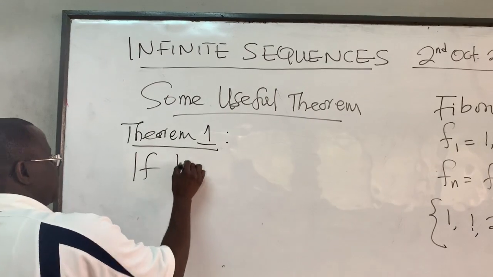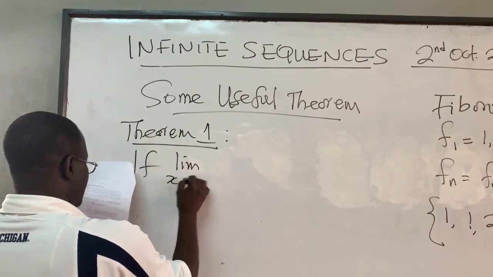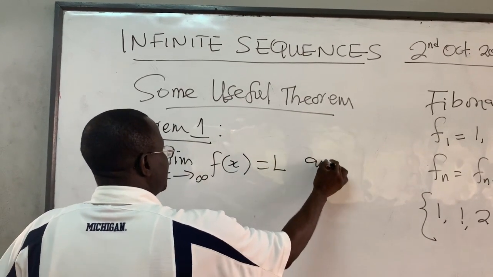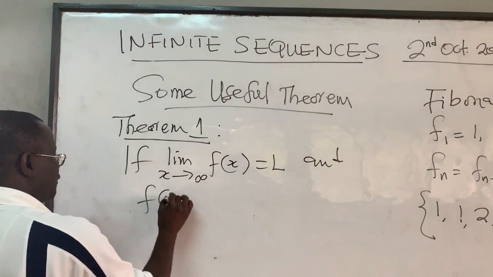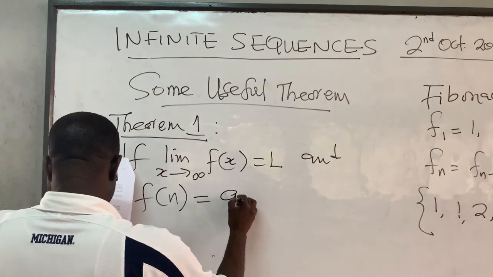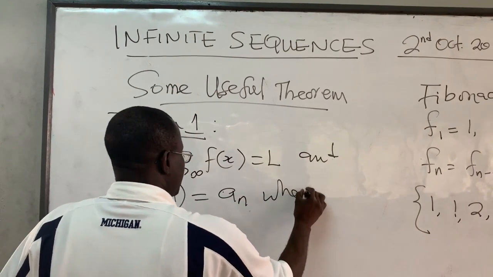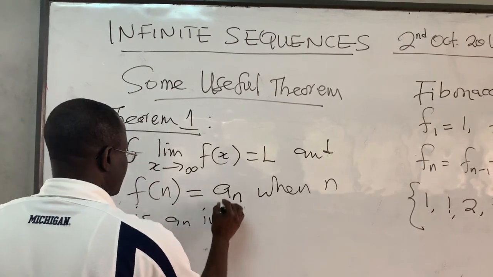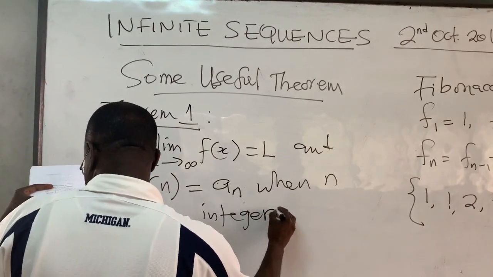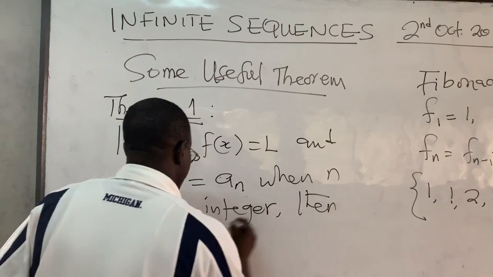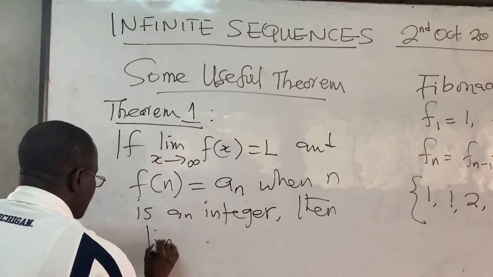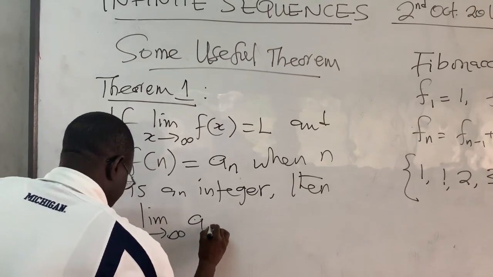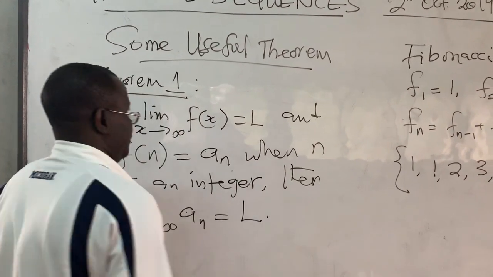If the limit as x goes to infinity of f of x is equal to L and f of n is equal to a n when n is an integer, then the limit as n goes to infinity of a n is also equal to L.